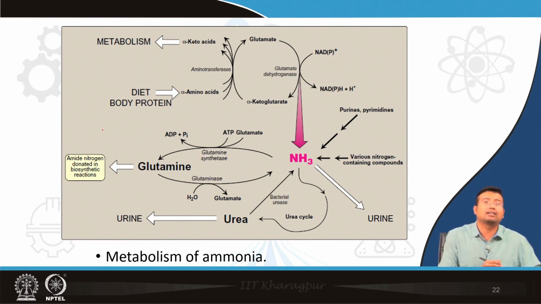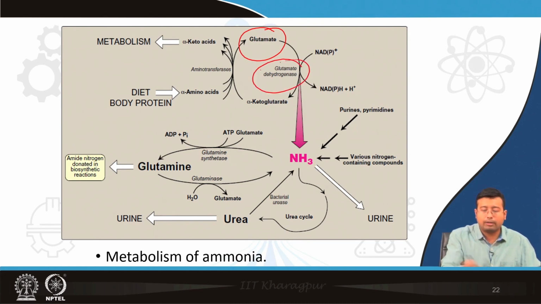Alright, so this is the crux of ammonia metabolism, showing the same thing in a different form, where ultimately via trans-deamination, that is transamination, we are getting glutamate, and by glutamate dehydrogenase oxidative deamination, we are getting ammonia. It can also be obtained from multiple minor sources.